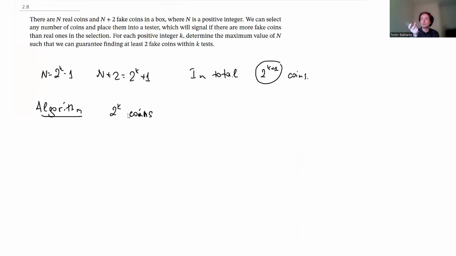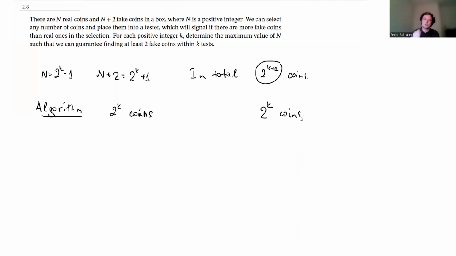And if we get the positive answer from the tester, we know that in this group fake coins are more than the real ones. Or if we do not get such an answer from the tester, then we know that in the rest there are more fake coins. And thus after one check, we will get 2 to the power k coins such that more than half of them are fake.